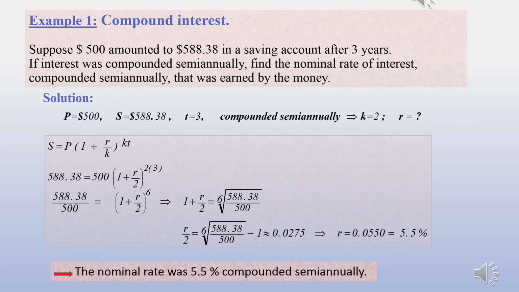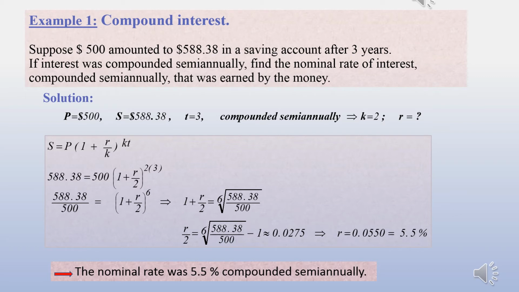We use the formula that we have before, the formula of compound amount: S equal to P multiplied by (1 plus R over K) to the degree of KT. We substitute each of the values: S equal to 588.38, P is 500, K equal to 2, and T is equal to 3.